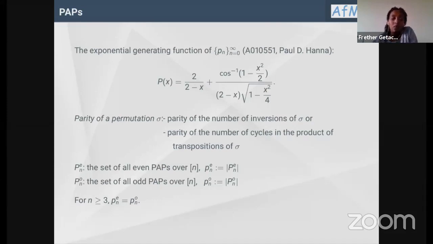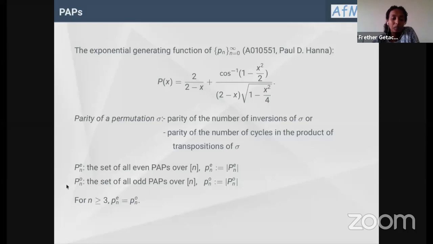The other way we try to see these parity alternating permutations is by considering their parity. When we say parity of a permutation, we mean the parity of the number of inversions of the permutation, or the parity of the number of transpositions in the product of transpositions of the permutation.